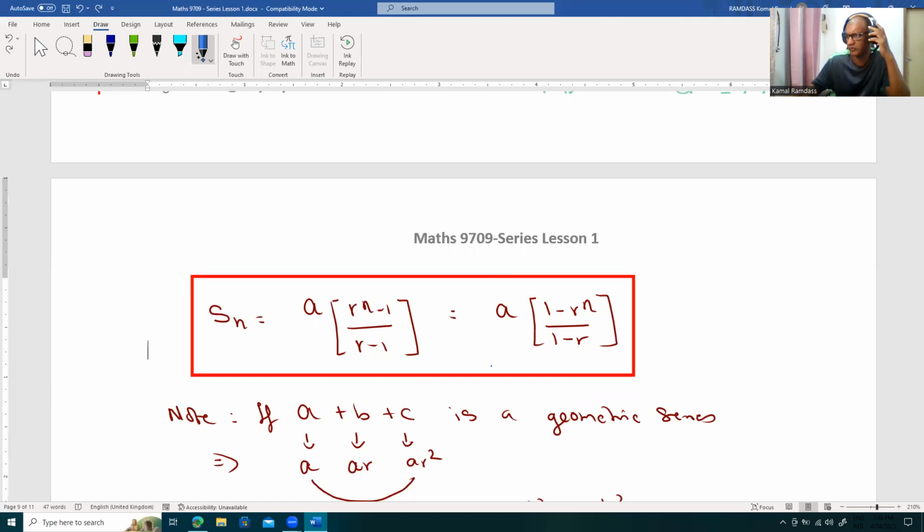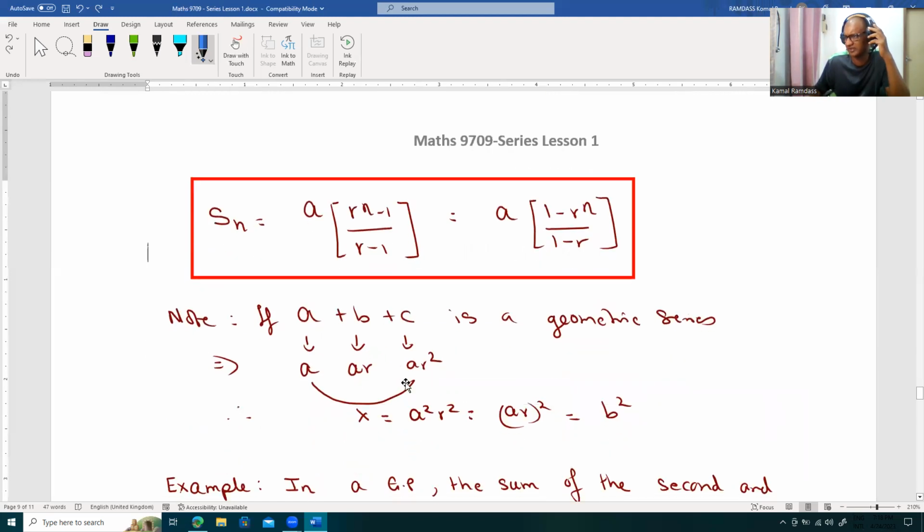OK. Now, this is mentioned in the syllabus. If A, B, and C is a geometric series, and we take the first term as A, B is A times R, C is A times R square.